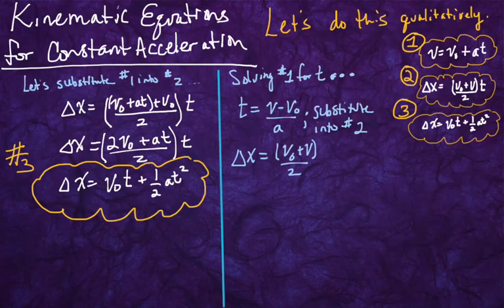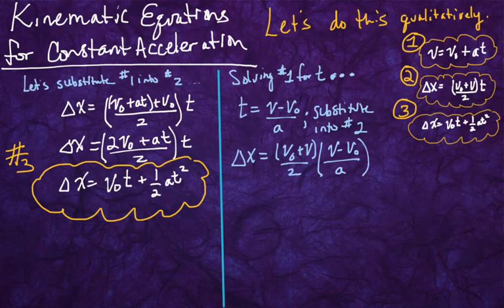So instead of substituting velocity in for velocity, we're substituting the time in for the time. Yeah? Okay. That gives us this delta x here, times v naught plus v over 2, right? Times this new term, which is our v minus v naught over a.